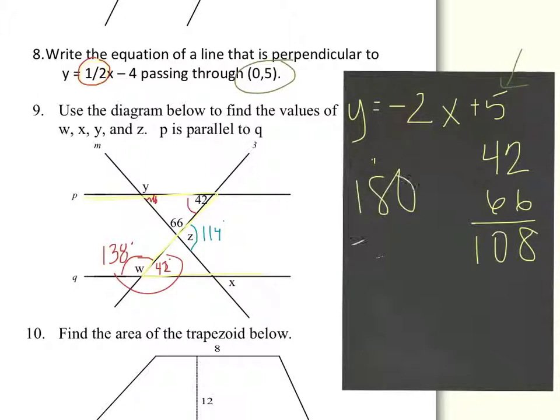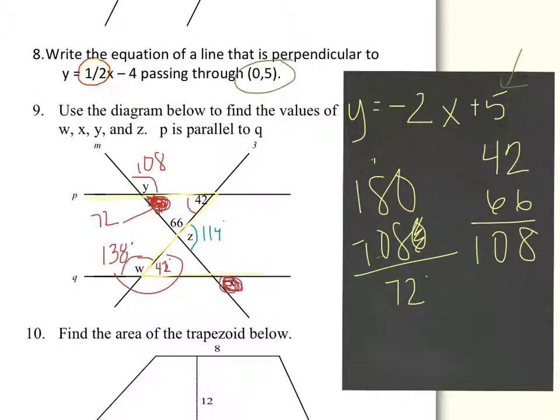Then 180 minus 108 should give you 72. So this one here is 72, which means this one here must have been 108. I like this one and this one being equal to each other because those are corresponding. Hopefully you see that. Here's our line, here's our parallel line, and these are both in the same positions. So that means x is equal to 72.